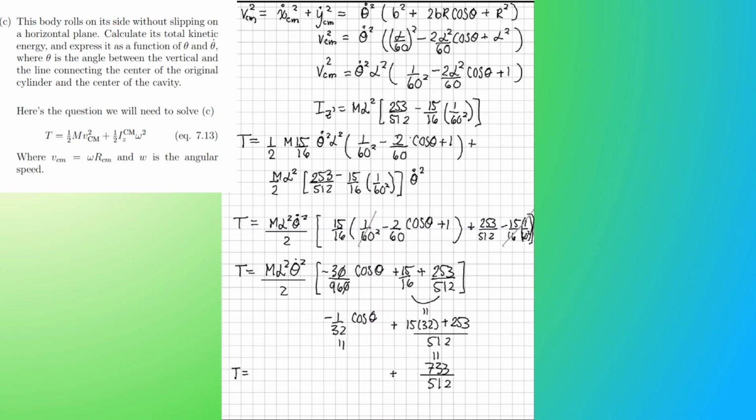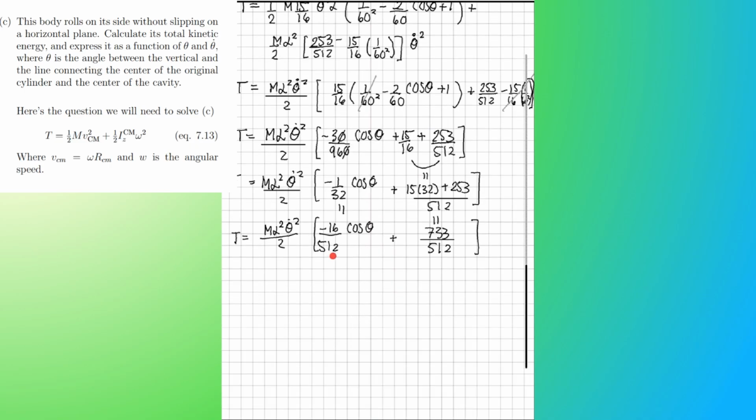And this is equal to minus 16 over 515 cos theta. So we can take out the 512.